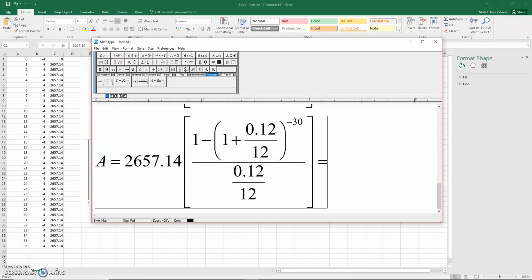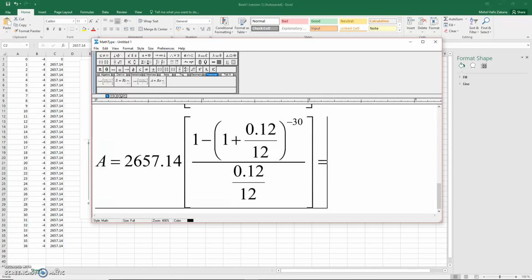Now let's calculate it: 1.01 to the power of negative 30, 1 minus the answer, over 0.01, times 2657.14.